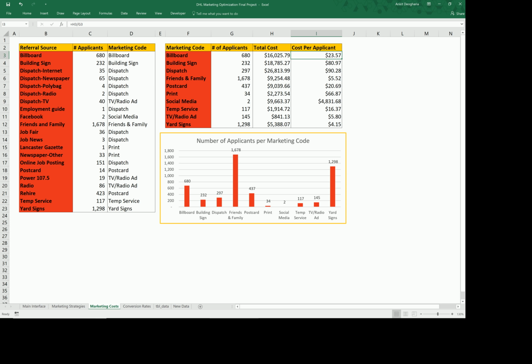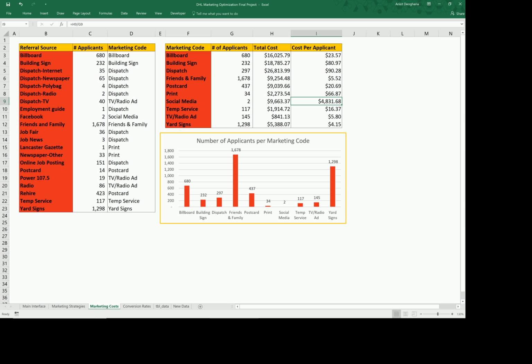This cost per applicant column represents the amount that DHL spends in order to bring in each person that applied through their job system. So one number that tends to stick out here is that social media has a total cost per applicant of almost $5,000.